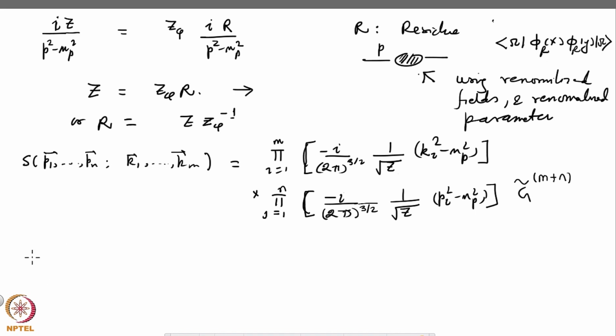So what I'm saying here is that G tilde is the Fourier transform of, okay, this has stopped working for some strange reason. Just a second, let me see why it's not working.